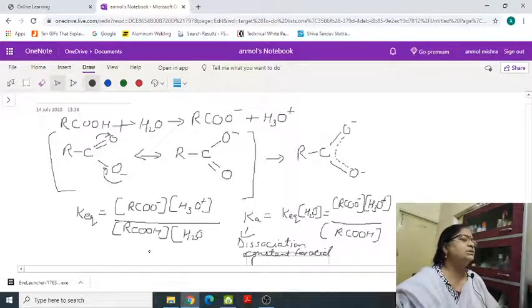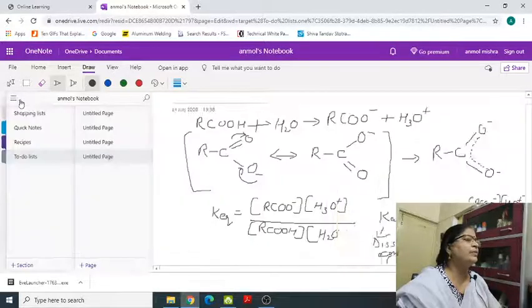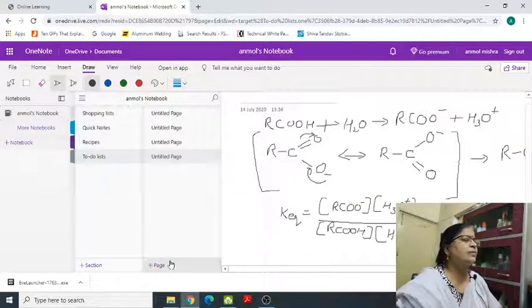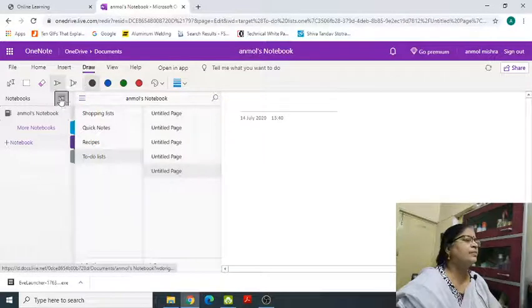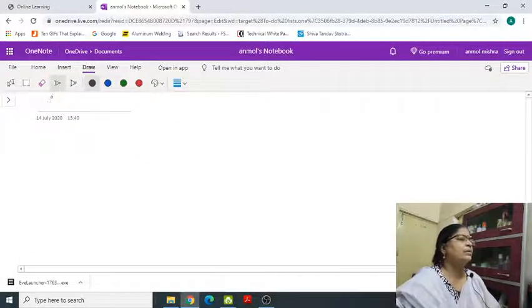Now, the strength of the acid can be indicated by pKa. pKa is equal to minus log Ka. The strength of an acid can be indicated by its pKa value rather than its Ka value.